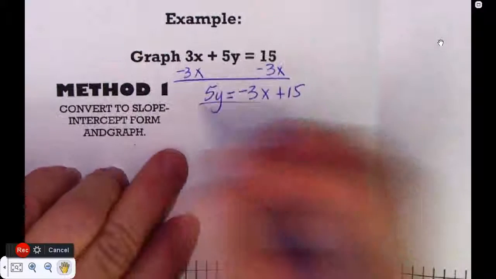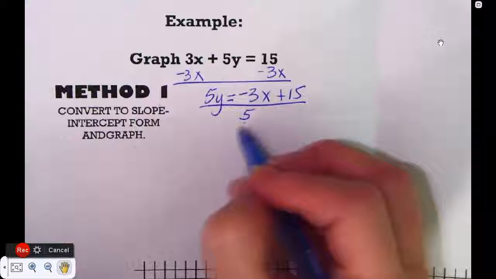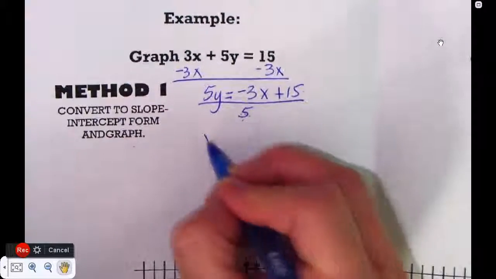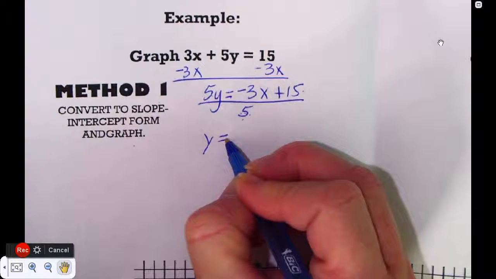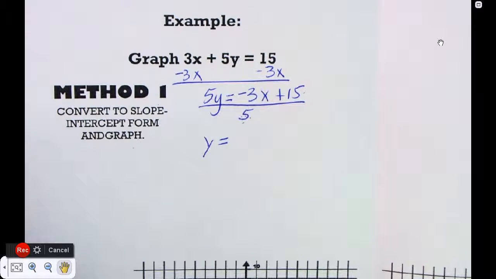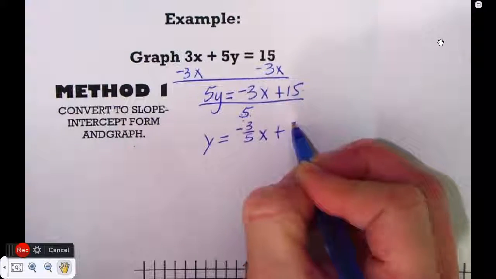And then I'm going to divide everything by 5. So everything, every term. So that's going to be y equals what? Help me. Negative 3/5 x plus 3.